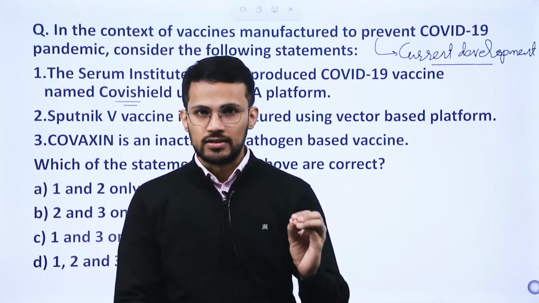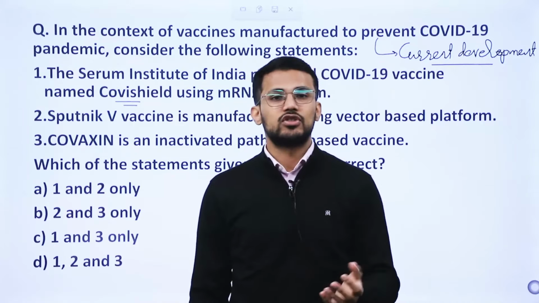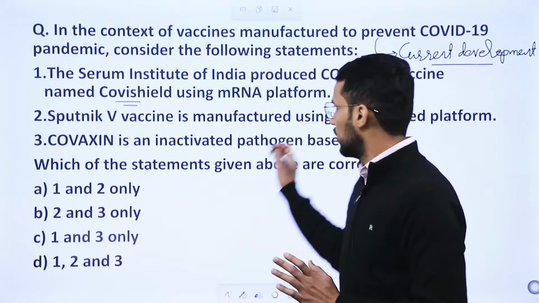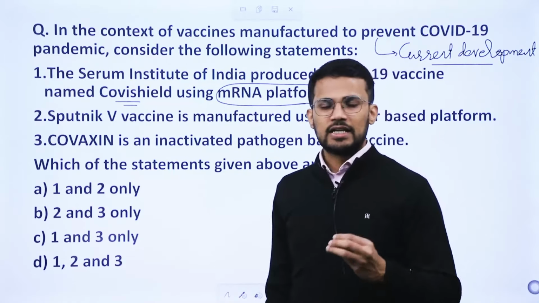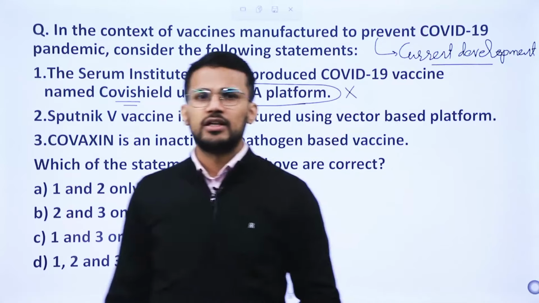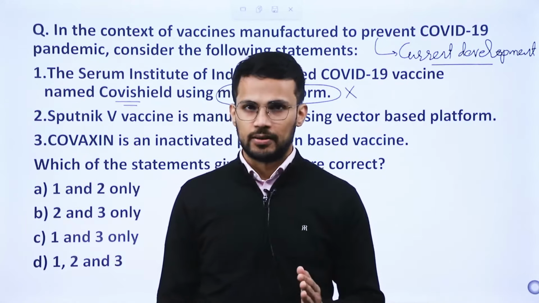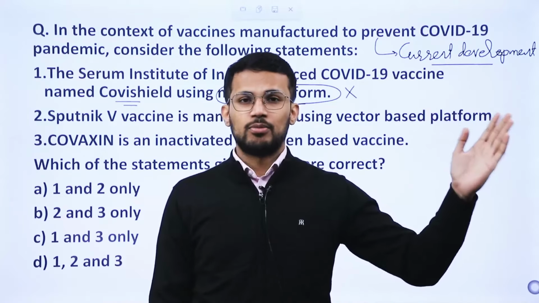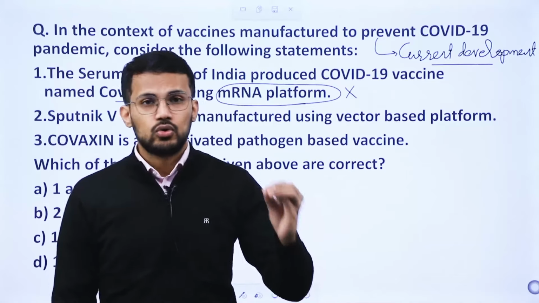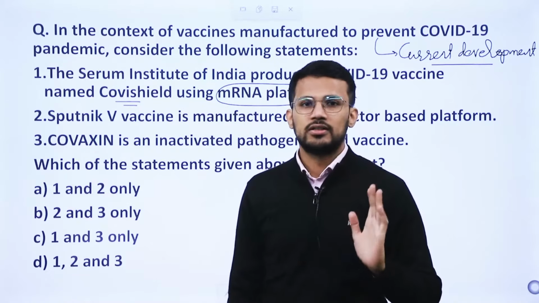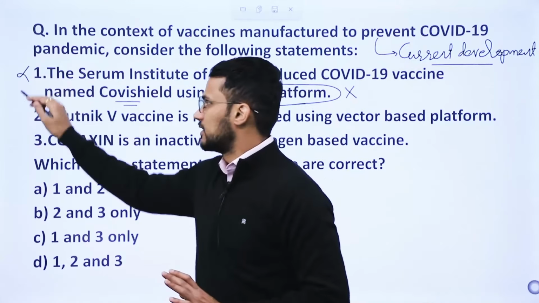Chimpanzee adenovirus was used to build immunity against COVID-19, and that's why it was not mRNA, right? mRNA vaccines were approved in India later, in 2022 and 2023. So, for example, the vaccines used in the USA by Pfizer and Moderna were mRNA vaccines, not Covishield. Fine. So the first statement is an incorrect statement, right?